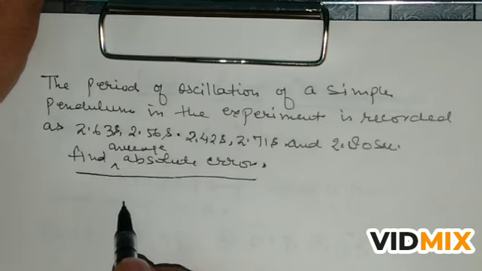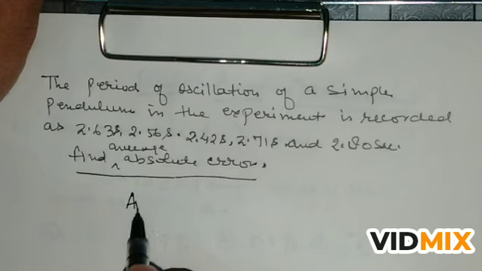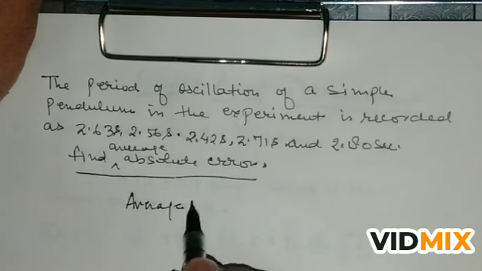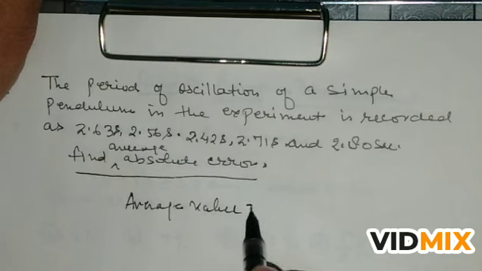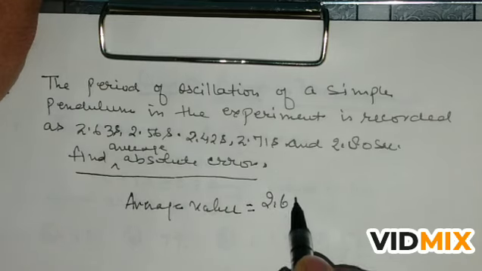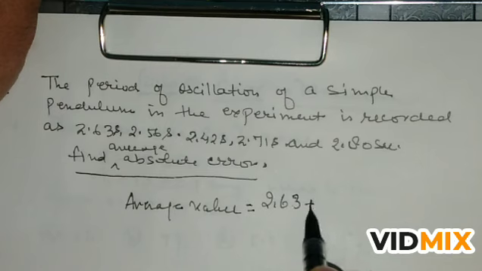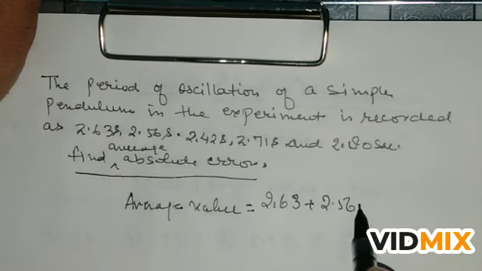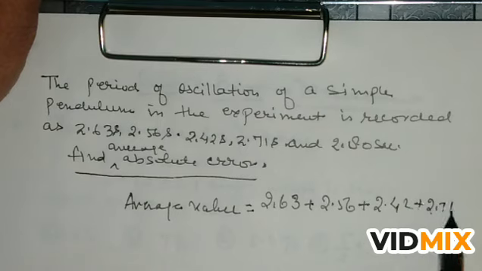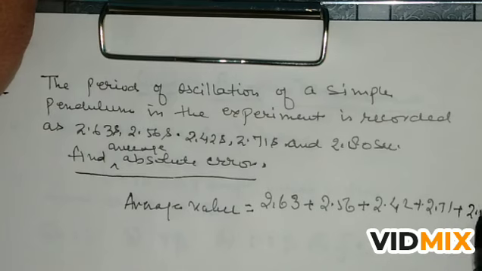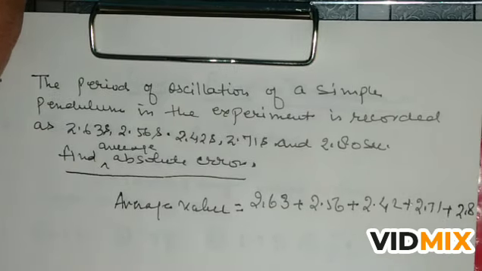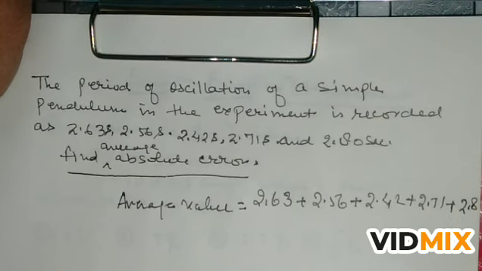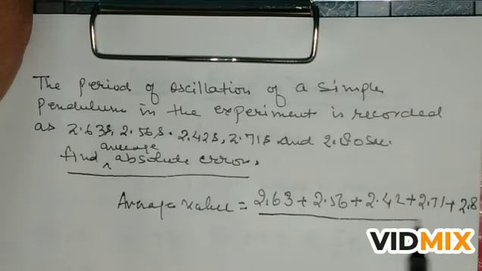Now absolute error or average value is equal to, you add all the time period given: 2.63, 2.56, 2.42, 2.71 and 2.8, and it is divided by, the total number is 1, 2, 3, 4, 5.